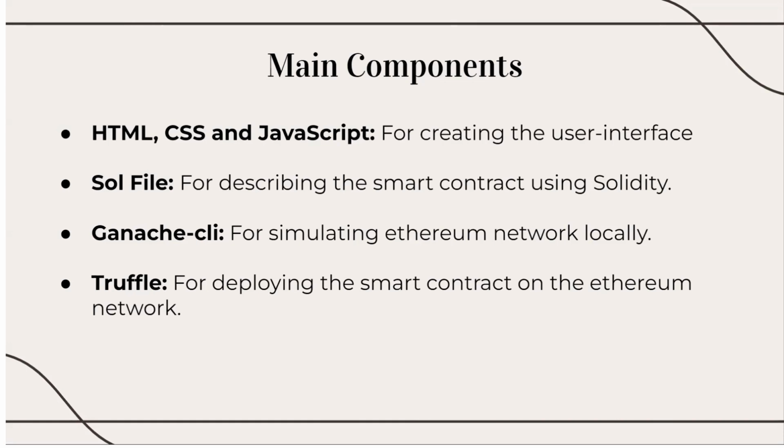We have used Ganache CLI for simulating the Ethereum network locally in our computer. And we have also used Truffle, which is a CLI for deploying the smart contract on the Ethereum network, which is our local network.